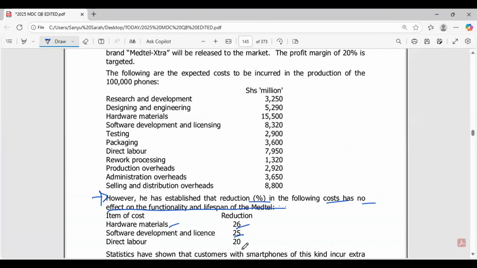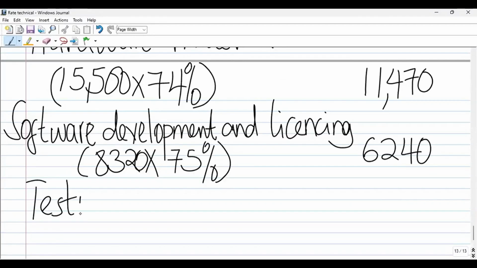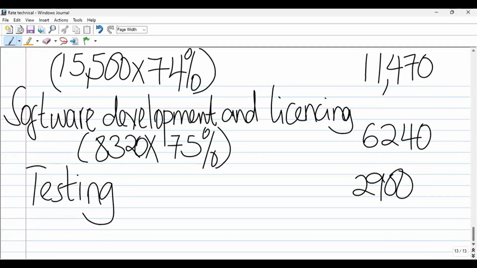Next, they are giving us testing. Testing is not among the costs to be reduced, so it remains the same. With reverse engineering, testing is going to remain as 2,900. Go to the next.